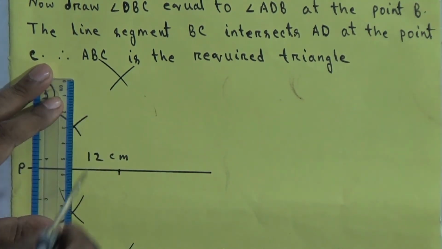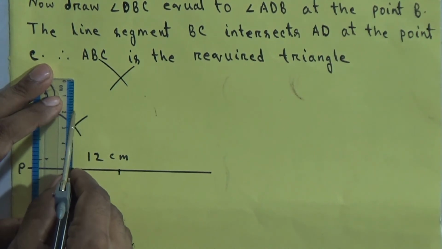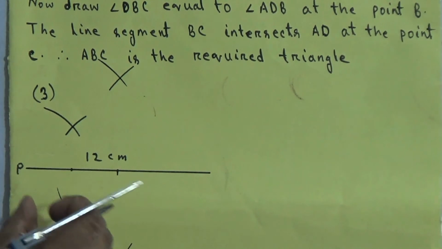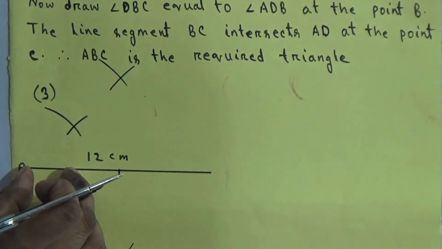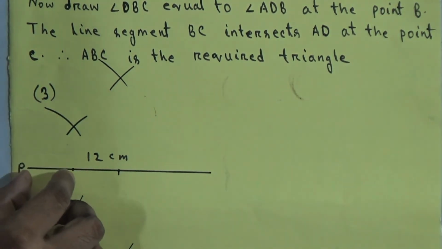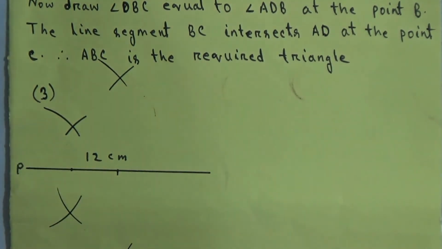If we join these 2 points, then we can get the midpoint. This is the midpoint. That means this part is the 1/4 part of this line segment. Now we'll draw a square whose all sides length will be equal to this line segment.